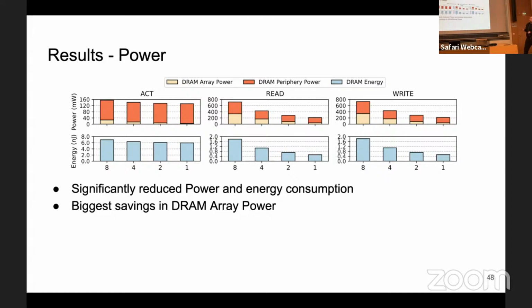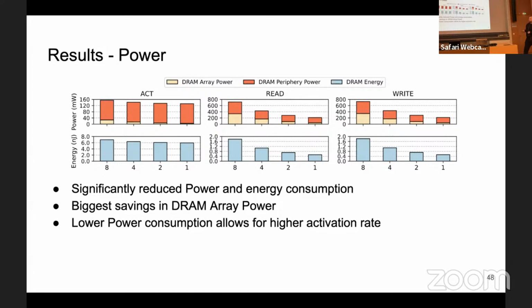And you can see big improvements for read and write, and the energy consumption actually decreases quite strongly here because the y-axis is different here. So this is 4 times as large, and this lower power and energy consumption allows for some higher activation rates in the manner I just discussed before. The details of how exactly the time constraints are changed are found in the paper, but it's important to keep note that this actually also affects performance.